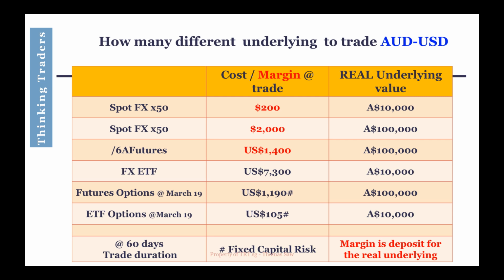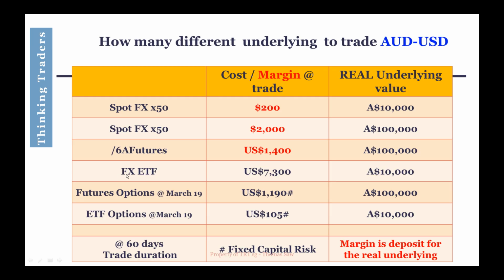To trade Aussie USD, there are approximately 6 different instruments you can trade. 5, okay. Spot forex, mini lots. Spot forex, standard lots. You can trade Aussie USD /6A futures, 1 contract, 100,000.